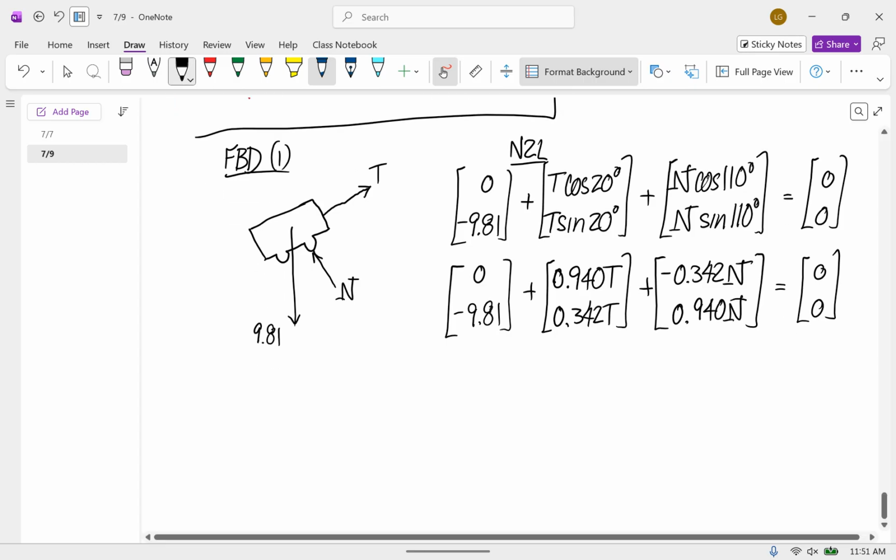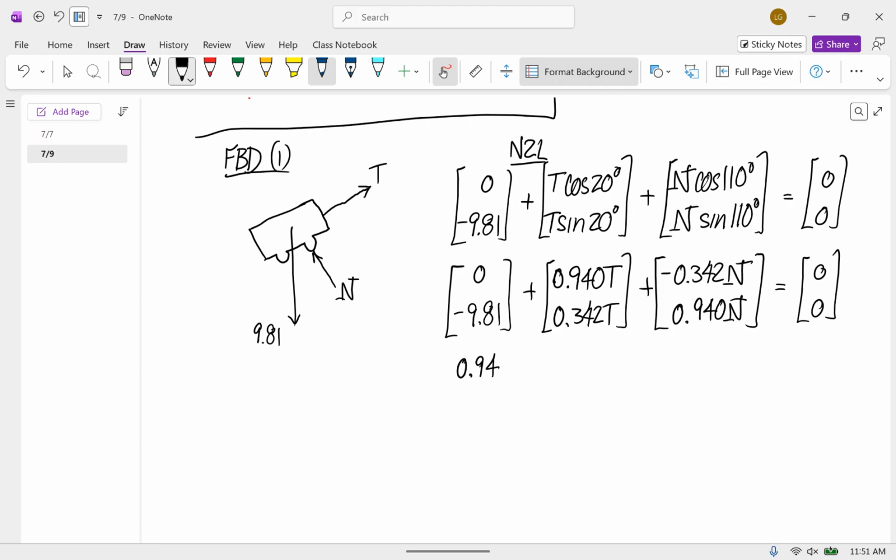And we have a system of two equations for two variables. So 0.940 T is equal to 0.342 N. So N is equal to 2.7485 T.